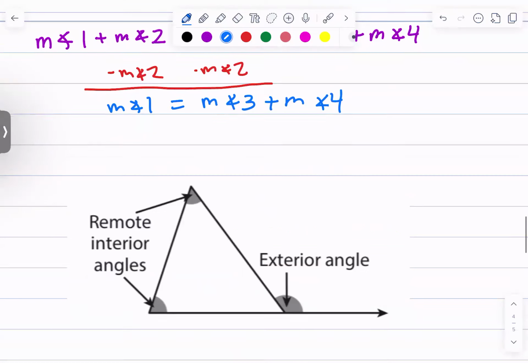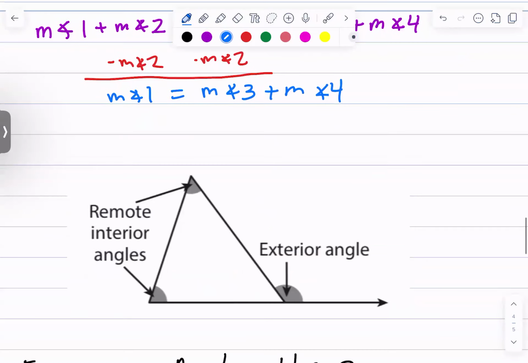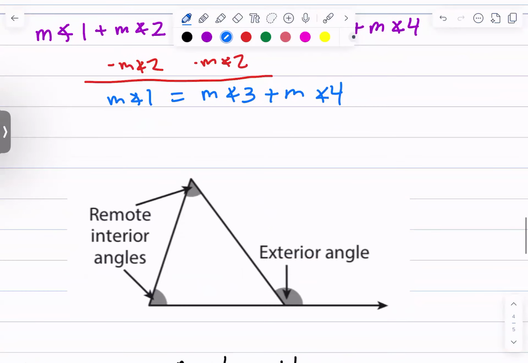So here are the names of the angles. This is 1, this is 3, and this is 4. Angle 1 is called the exterior angle because it's on the outside of the triangle. And the two other angles that are not linear pairs with the exterior angle are the remote interior angles.